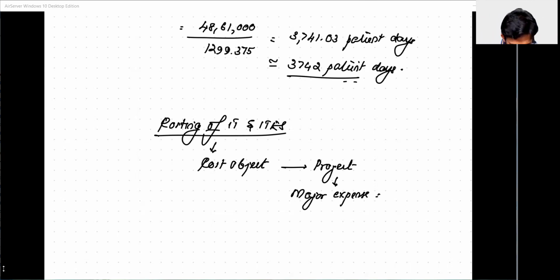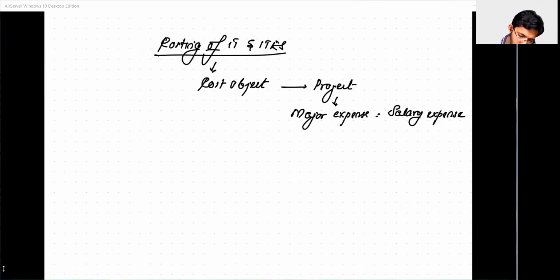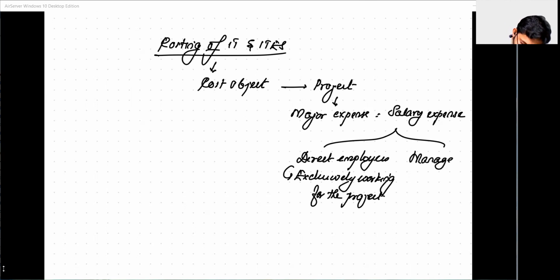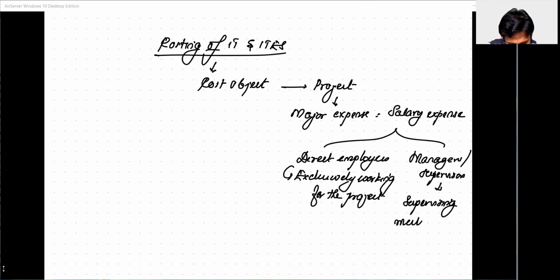Okay, so the cost object is project and the major expense here will be salary expense. Now, when it comes to salary expense, there will be direct employees exclusively working for the project, and you will have managers or supervisors who will be supervising multiple projects simultaneously.